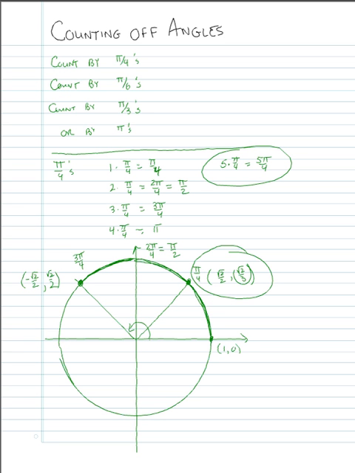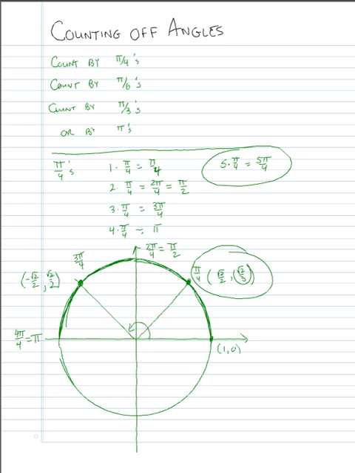If we go pi over 4 again, after 3 pi over 4, how many pi over 4s do we have? 4 of them. So this position is 4 pi over 4. It's 4 of these pi over 4s, which we recognize anyway as pi. So we already knew that. Okay, well, what about 5 pi over 4? Well, we go pi over 4 again. Well, where will that put us?